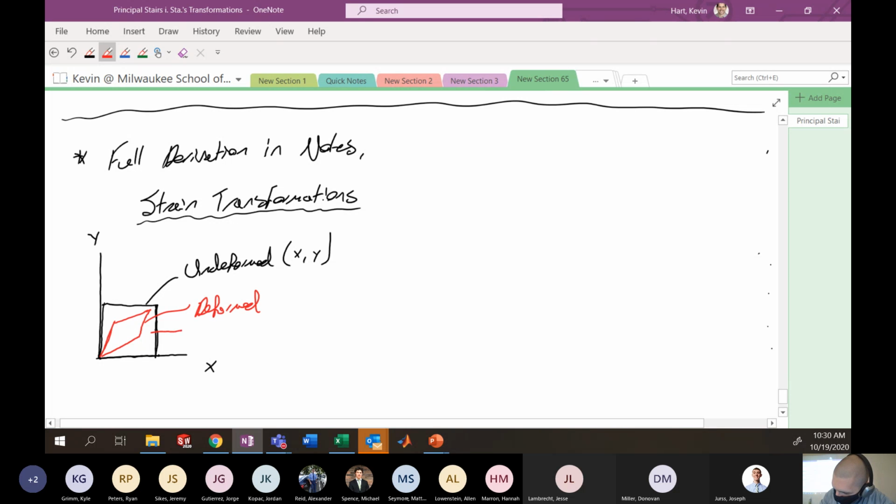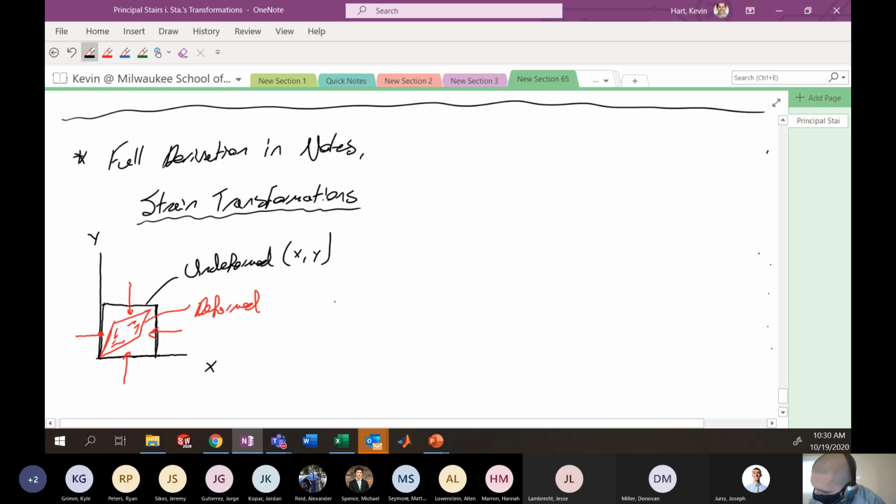Because you've got maybe some negative sigma x going on here, maybe some negative sigma y going on here, and some shear strains going on here. Okay. So that's like a deformed condition. So this is what this element would look like in the XY coordinate system.